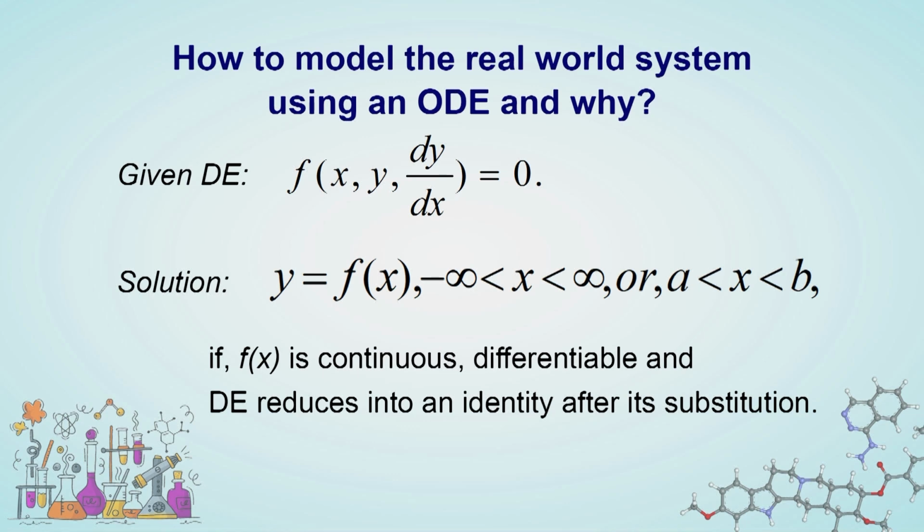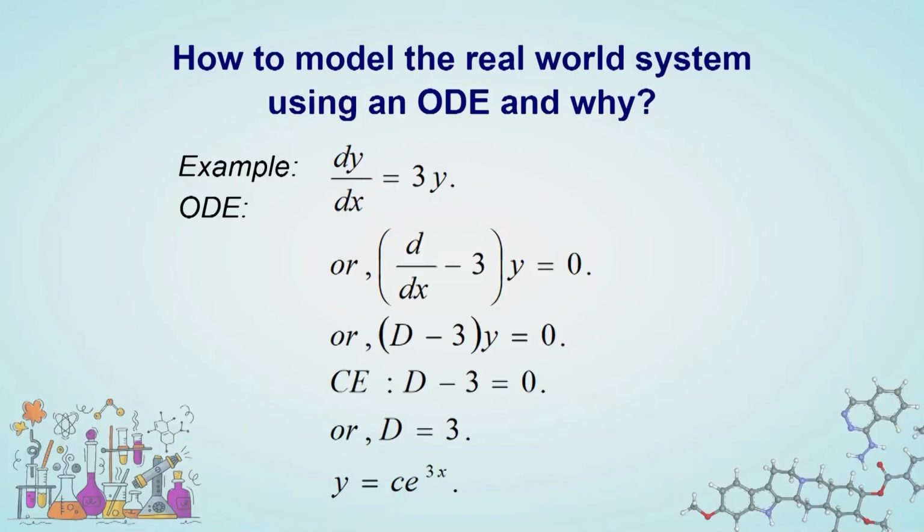This is just a solution condition. It means if any differential equation is reduced into an identity, then we confirm this is a solution of an ODE. Very simple, we see here an example. dy by dx equal to 3y is an ODE, and we know that the derivative term or differential operator D becomes a polynomial D minus 3, where D equal to 3.